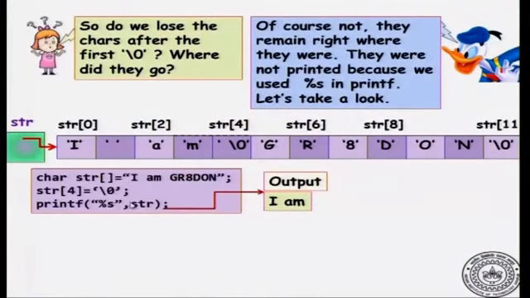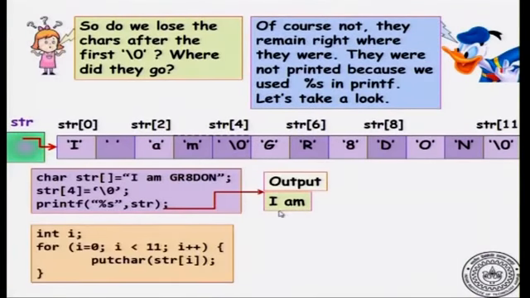If I print it using %s, I will get "I am", but I could easily write a loop like this. I will say int i, and then for i equal to 0 until 11, i plus plus, and then putchar str[i]. So, this will print the characters str[0], str[1] and so on up to str[10] regardless of whether that character is null or not.